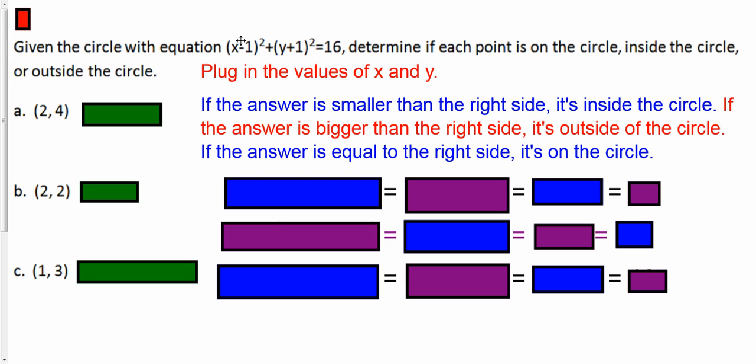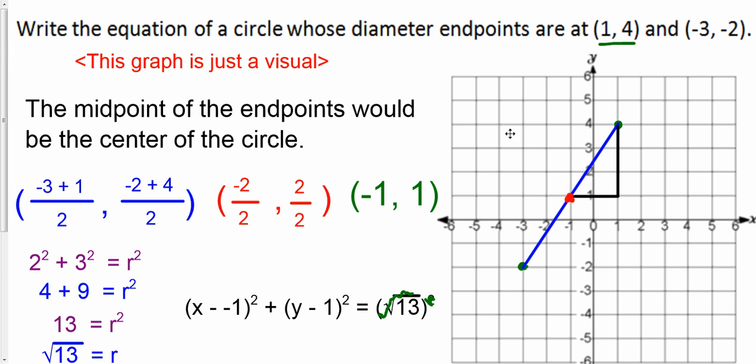If the answer you get on this side is smaller than the right side, so if it's going to be less than 16, then it would be inside of the circle. In one like this, what that would be saying is our distance from this point would be somewhere in here. It's less than that total length.